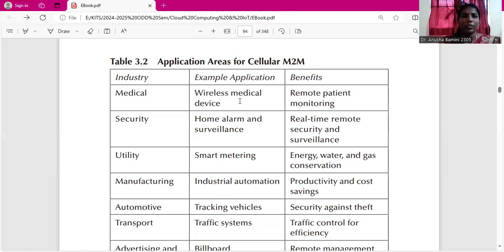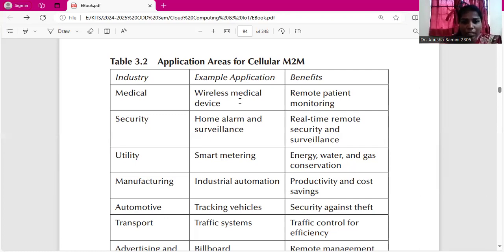For example, based on the persons in a house or a room, the room temperature and the number of persons, the air conditioner is adjusted automatically with the support of IoT devices. That comes under the utility application.